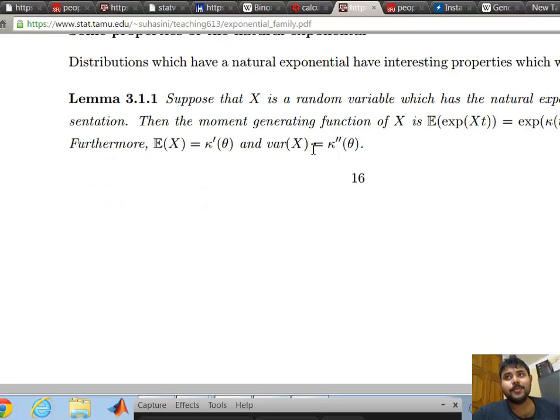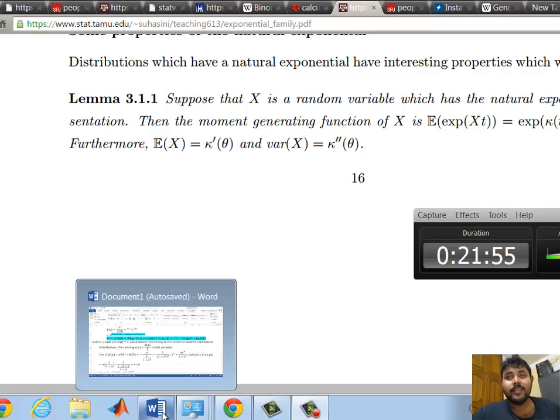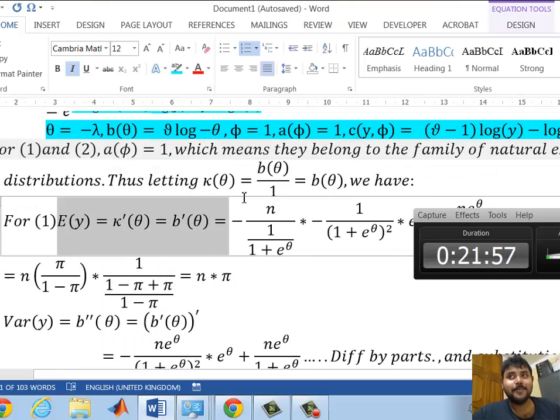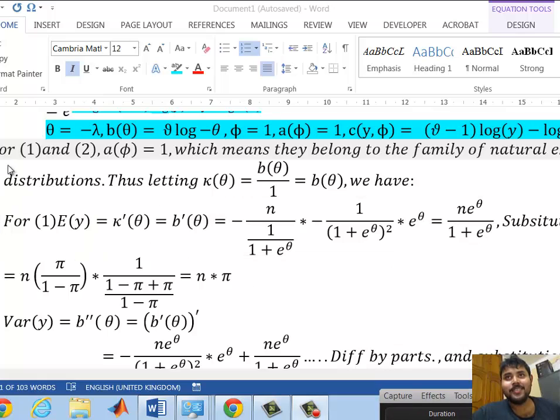But yeah, this is pretty much what we do. So this is the lemma. Thanks to her for having typed this much well-typed text. This was very hard. I have been doing this for the past 2 days. I know how much time it takes to type this stuff.